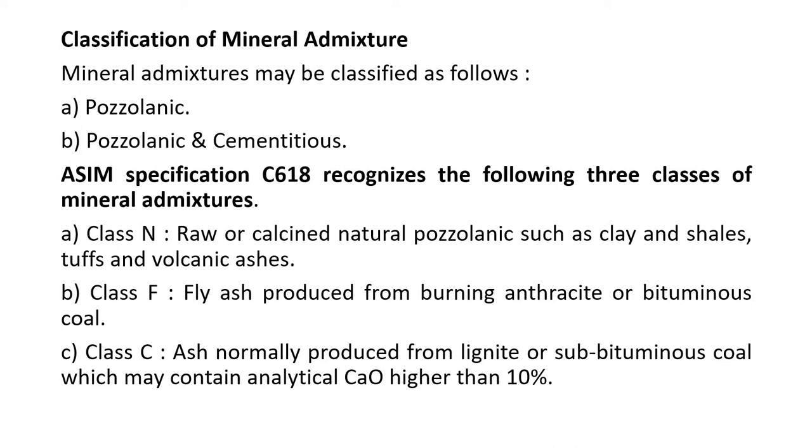The first one is Class N: raw or calcined natural pozzolans such as clays and shales, tuffs and volcanic ashes. Class F: fly ash produced from burning anthracite and bituminous coal. Class C: ash normally produced from lignite or sub-bituminous coal, which may contain analytical CaO higher than 10%.